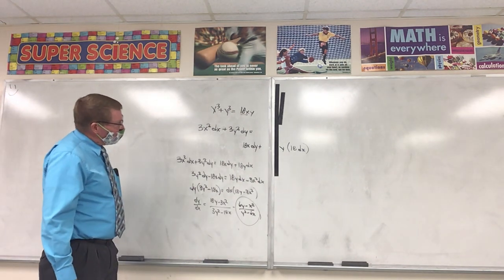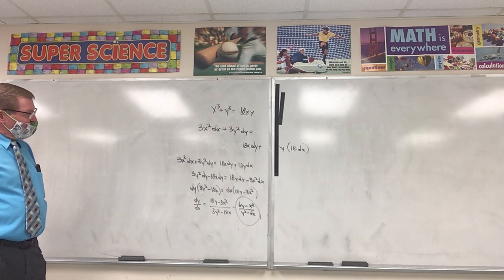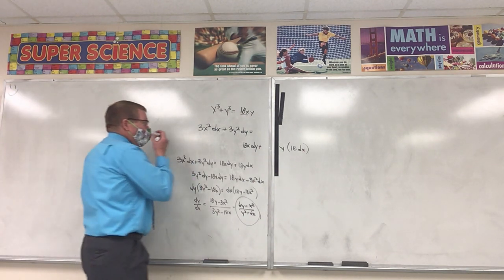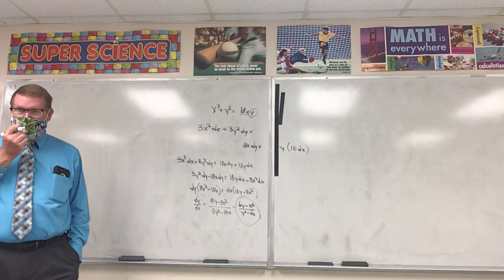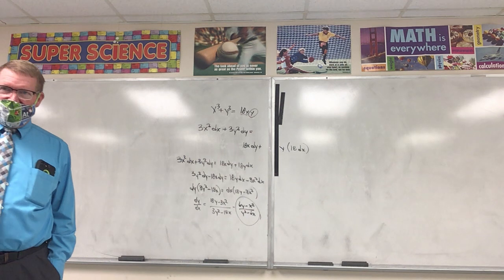When you took the derivative on the right side, why is it 18x dy? Then I'm going to take the derivative of the second term, which is y. The derivative of y is 1. And what did I take the derivative of? The first time or the second time? That time right there. Why? y. So I always put a dy. Whatever I took the derivative of, I'm always going to have a d whatever.